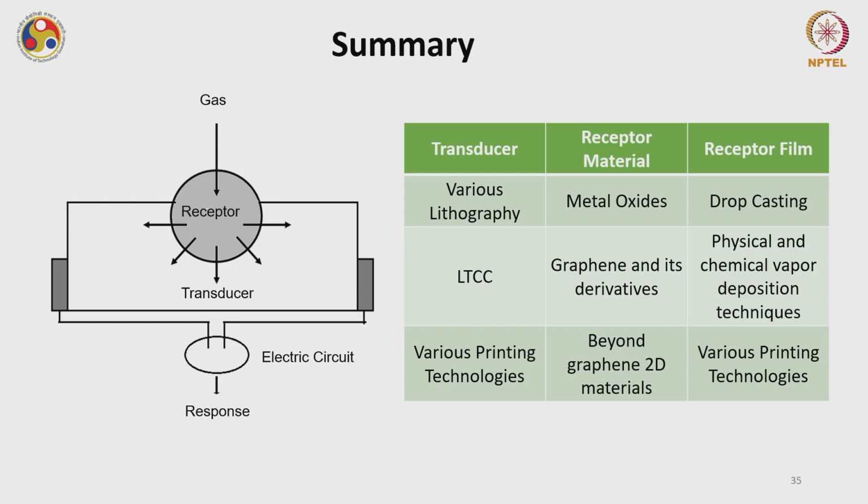Okay, mostly these transducers are fabricated by various lithography techniques, as we have discussed: field effect transistor based transducers, or capacitive transducers, or SAW transducers, or even simple resistive transducers. All have very interdigitated kind of structure or other precision areas which can only be patterned by some lithography techniques.